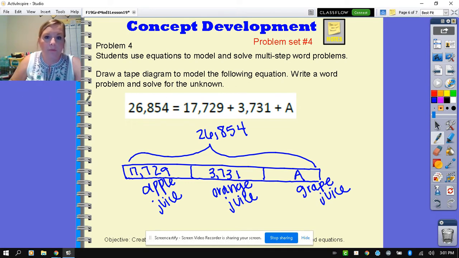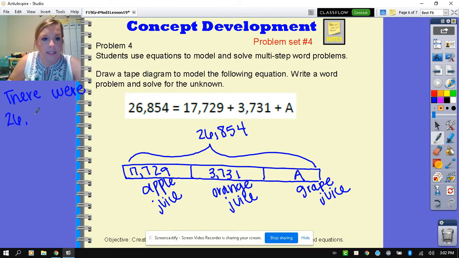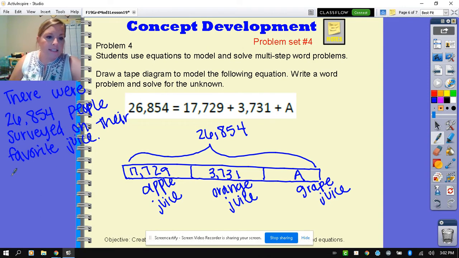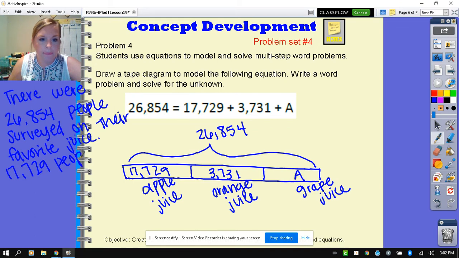So if I were to write this as a word problem, I'm going to say there were 26,854 people surveyed on their favorite juice. 17,729 people liked apple juice.